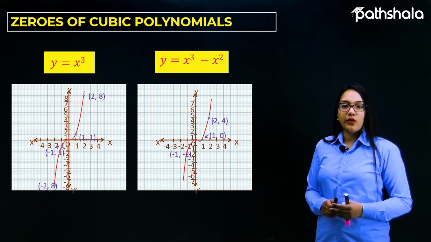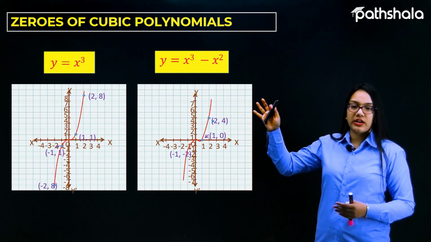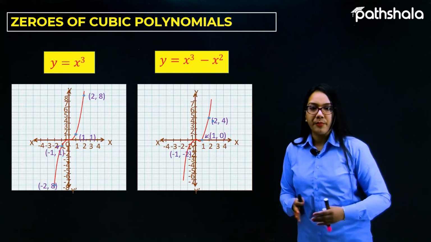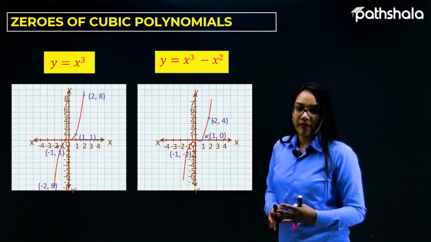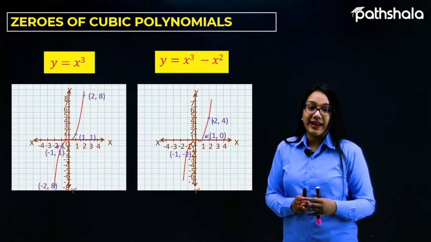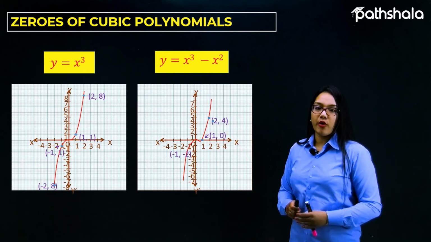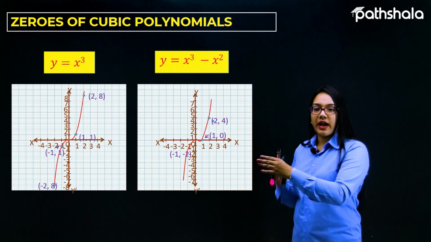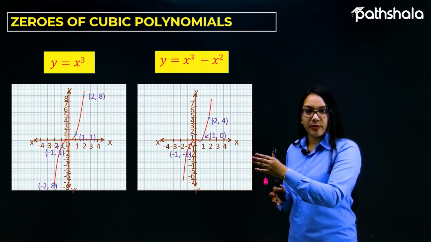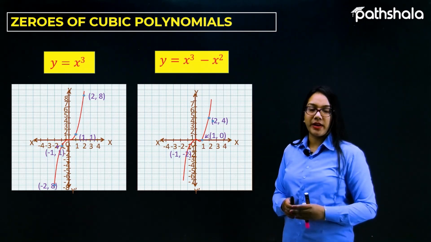I have taken the coordinates of the very first graph as (2, 8), (1, 1), and (-2, -8), and taking those points I have drawn the curve in this formation, and in the same way I have plotted the graph of the second polynomial, that is y is equal to x cube minus x square.